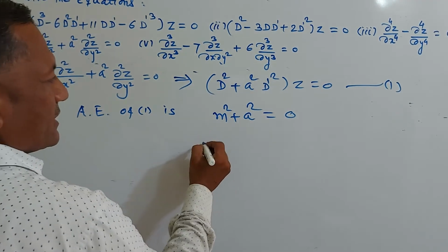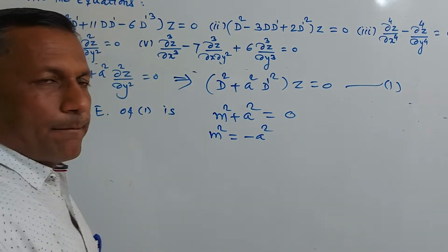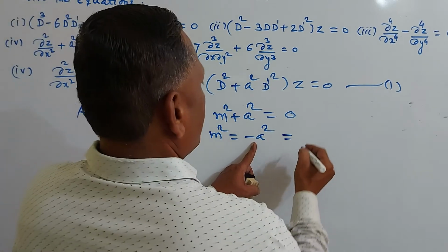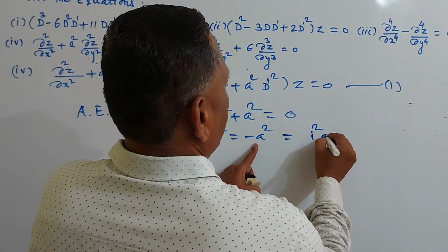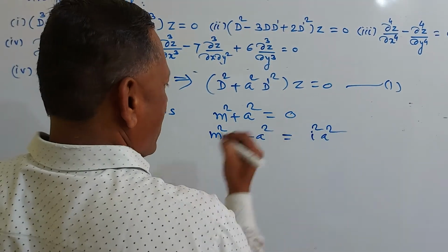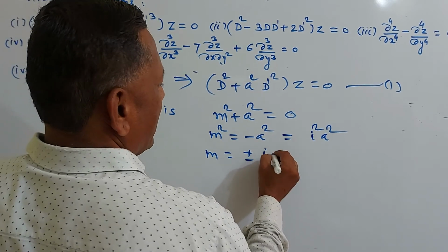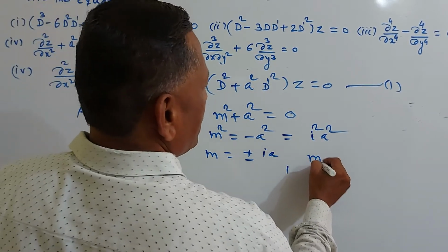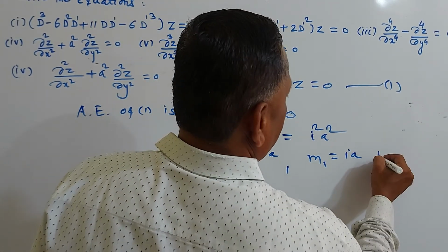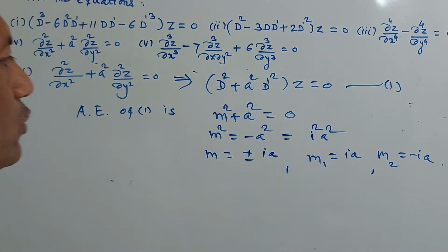So m² plus a² is equal to 0 means m² is equal to minus a². Minus a² can be written as minus 1 times a². Minus 1 means i², where i is root minus 1 and i² is minus 1. Therefore the value of m is equal to plus minus ia. So you take m1 is equal to ia and m2 is equal to minus ia. So you have two roots.